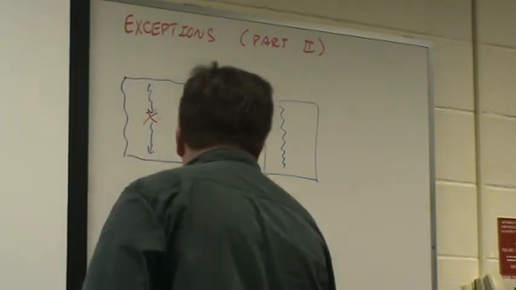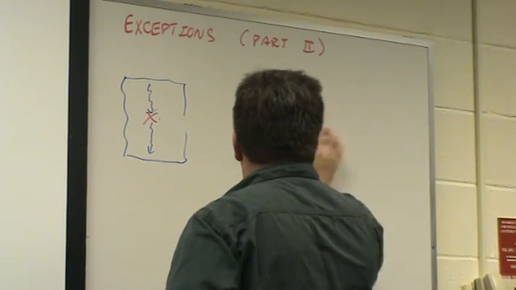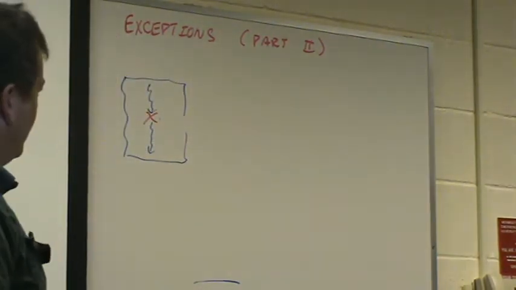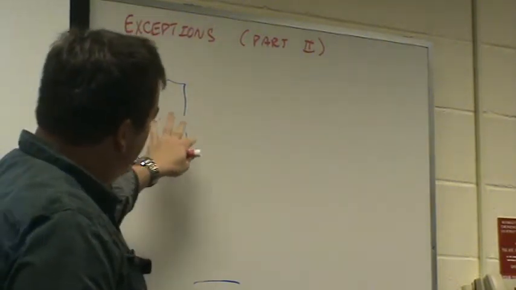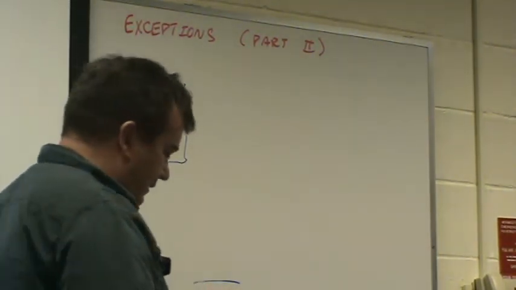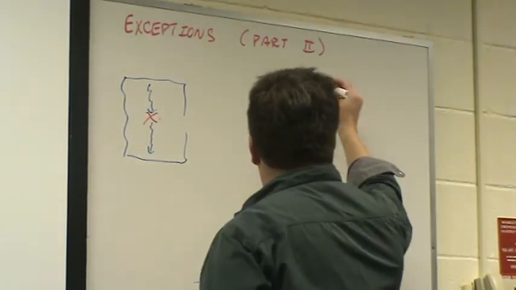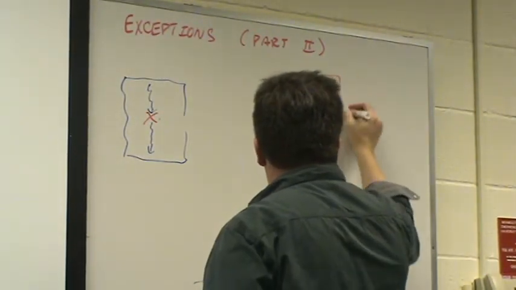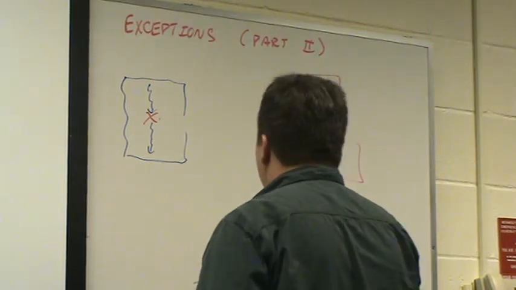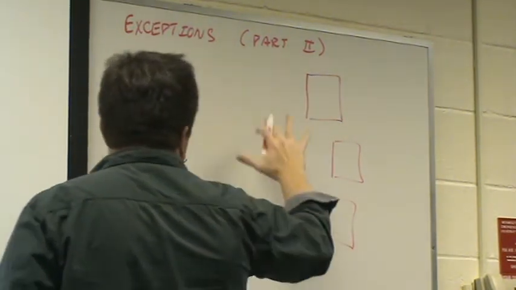So now, which one gets called? Since we're not calling anything by a name, we have to know where the code is to handle it. And there isn't one piece of exception handling code that handles every case. So we may have many different exception handlers. We may have a piece of code here, a piece of code here, a piece of code here, and we have to figure out which one of these to call.